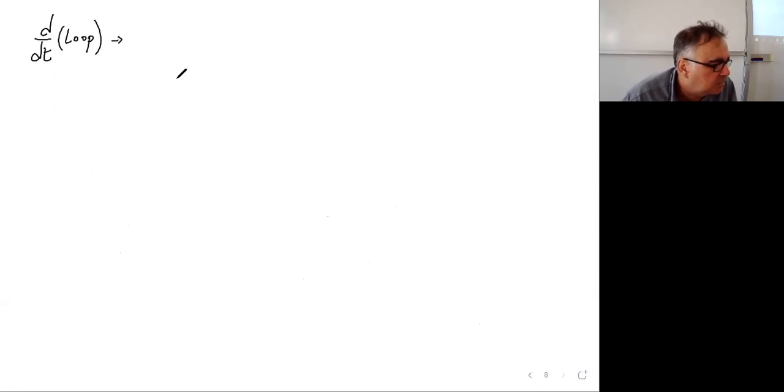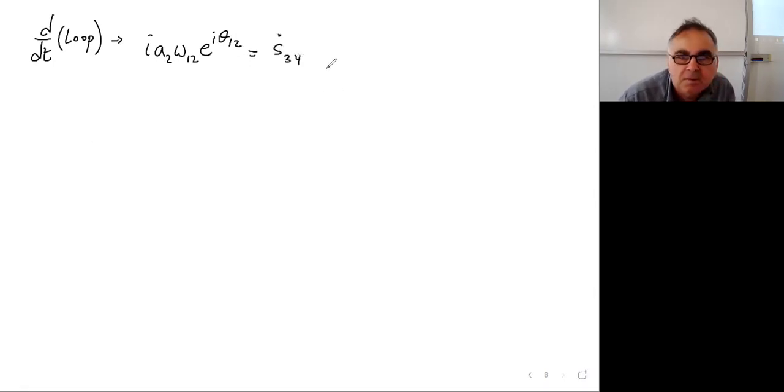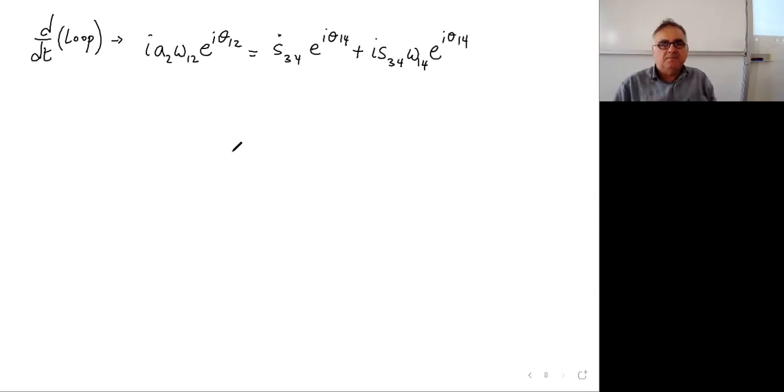The derivative of the loop equations is going to give us, for the first one, iA2 omega 1,2 e to the i theta 1,2 equals, derivative of iA1 is 0, so you have S34 dot e to the i theta 1,4 plus i S34 omega 1,4 e to the i theta 1,4. Yes, that's the velocity for the first loop equation.